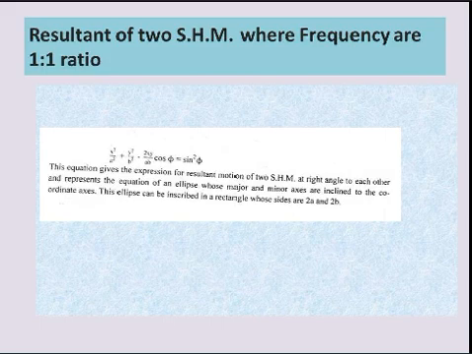This equation gives the expression for resultant motion of two simple harmonic motions, and important, these two simple harmonic motions are at right angle to each other and represent the equation of an ellipse whose major and minor axes are inclined to coordinate axis. This ellipse can be inscribed in a rectangle whose sides are equal to 2a and 2b. Remember, each and every word is very important from fill in the blank point of view.